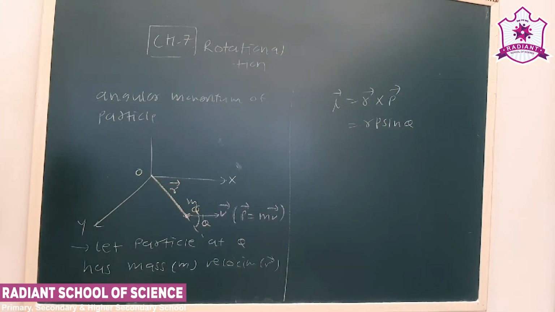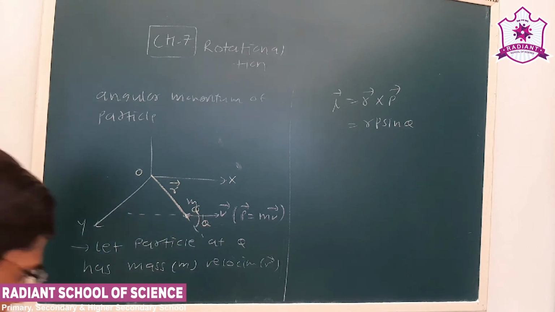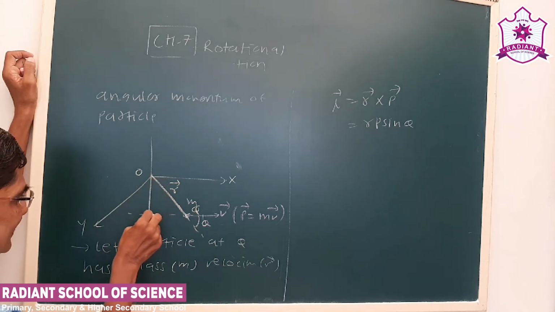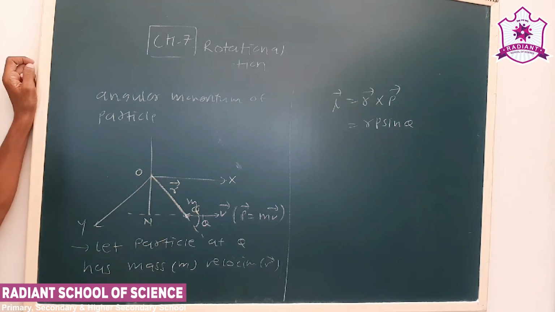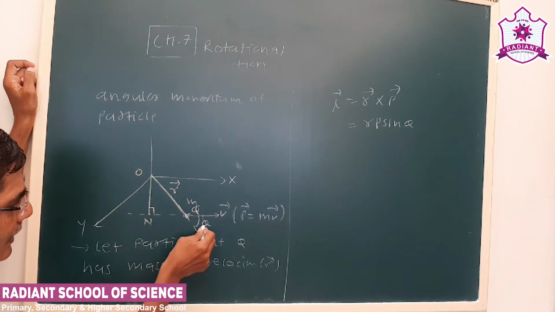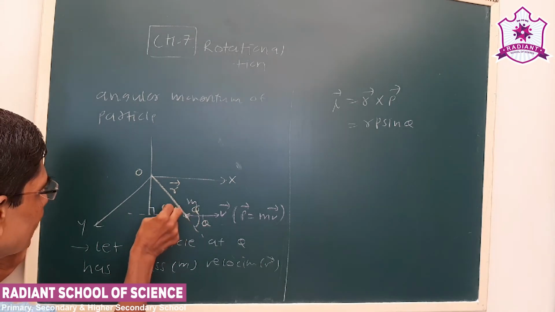Now this is the line of action of linear momentum. If I drop a perpendicular here, triangle ONQ will be a right angle triangle. This angle is theta, since these are vertically opposite angles.